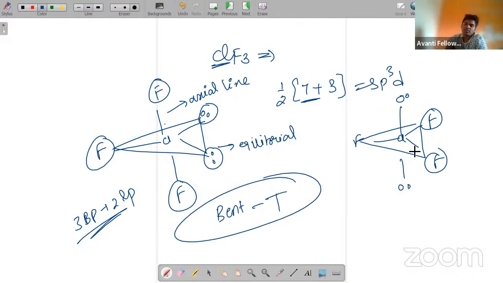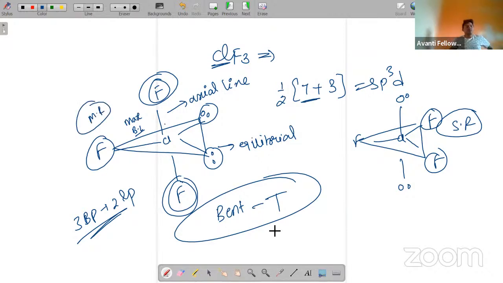Let's suppose I try to keep the fluorines in the equatorial plane. There will be strong repulsions, and the structure will be highly unstable. So that's why we have kept the fluorines, the most electronegative atoms, on the axial line, in such a way that they have the maximum bond length and minimum repulsions will take place.